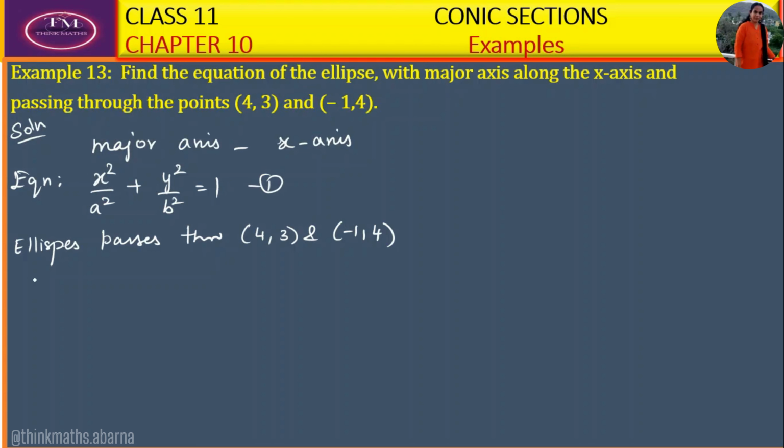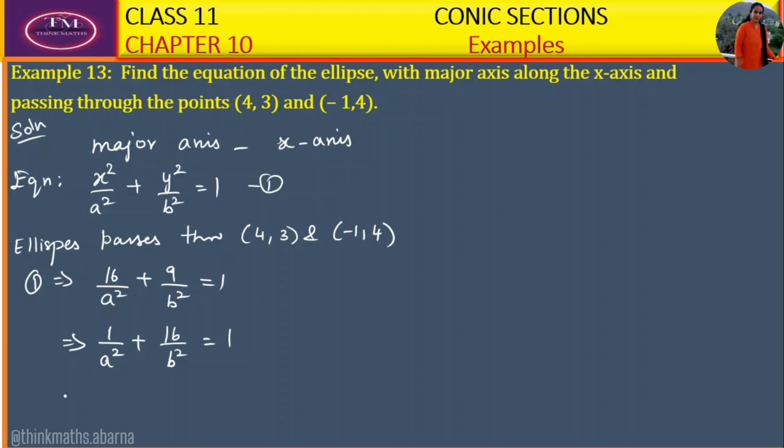So it is 16 by a square plus 3 square, which is 9, by b square equal to 1. Again, if you apply minus 1, 4, minus 1 whole square is 1. So 1 by a square, and 4 to the power 2 is 16, so 16 by b square equal to 1.